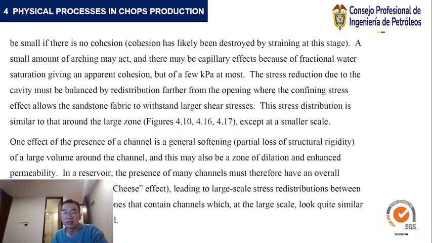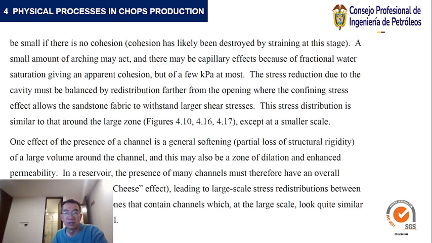This stress distribution is similar to that around the large zone, except at a small scale. One effect of the presence of a channel is the general softening of a large volume around the channel, and this may also be a zone of dilation and enhanced permeability.